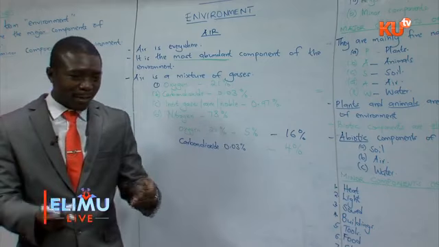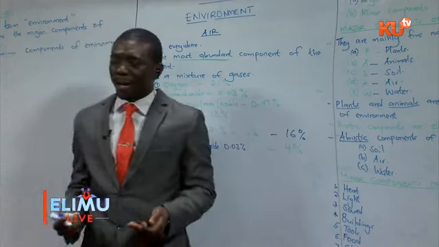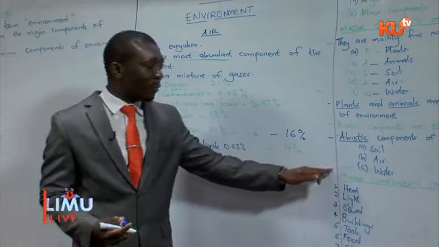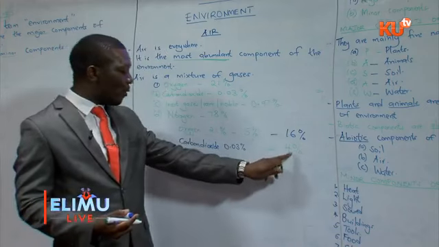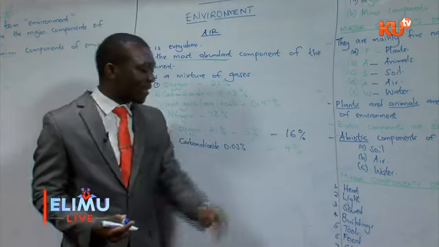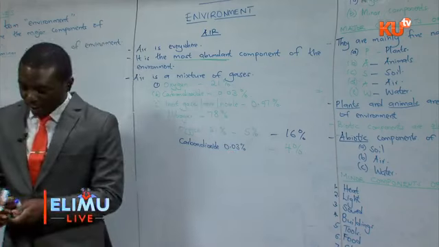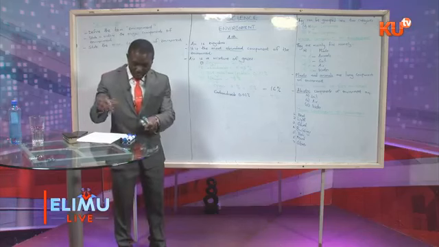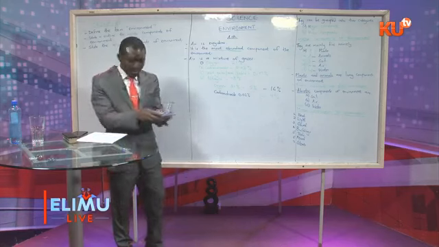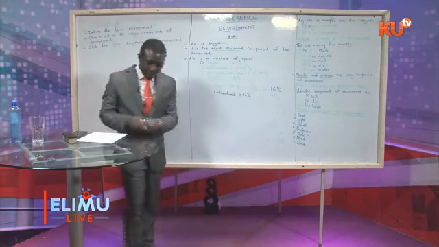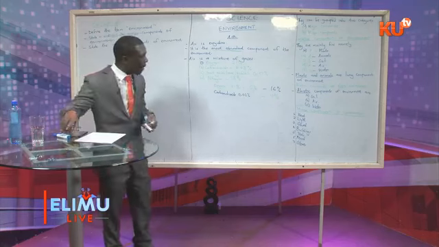It is a waste gas, so it must come outside our body. So we breathe out 4% of it, and you can see the percentage of carbon dioxide increases from 0.03 to 4%.